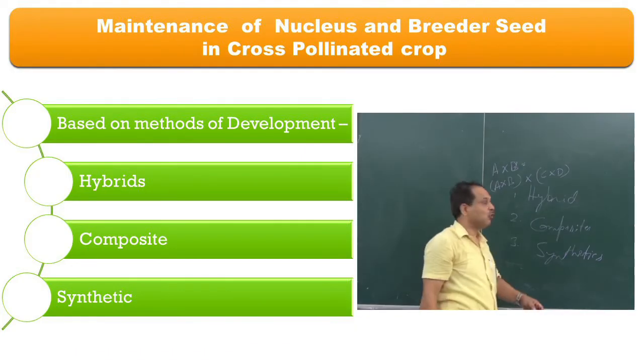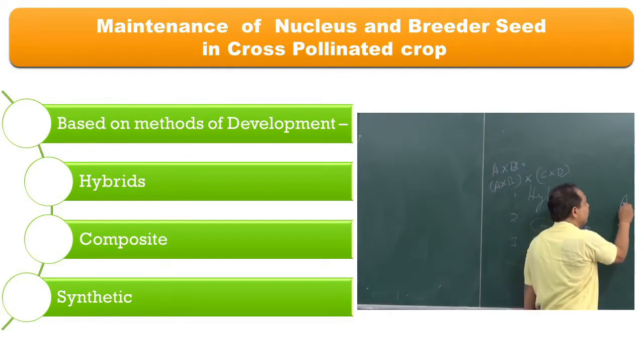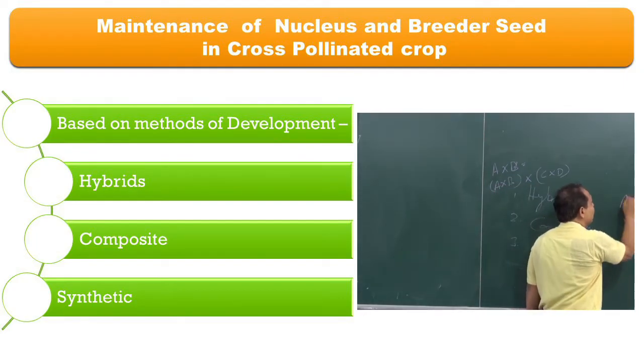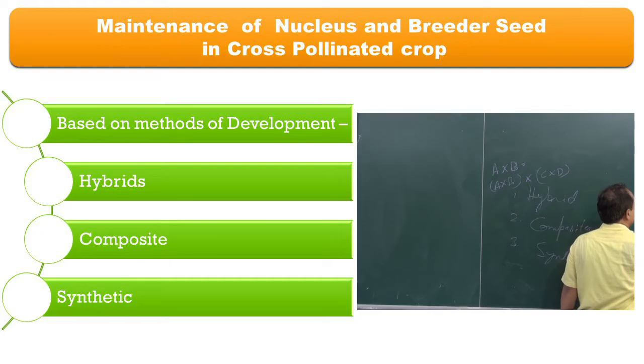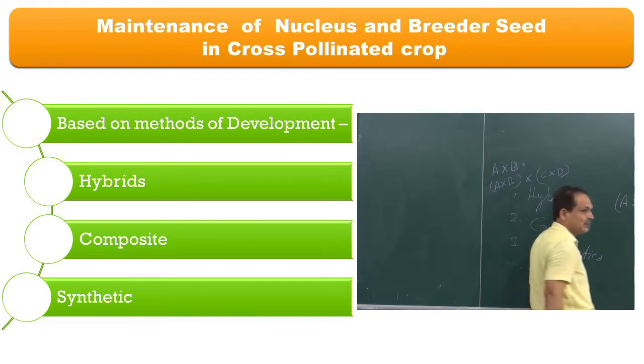Like in the 3-way cross, we cross a single cross to an inbred line C.